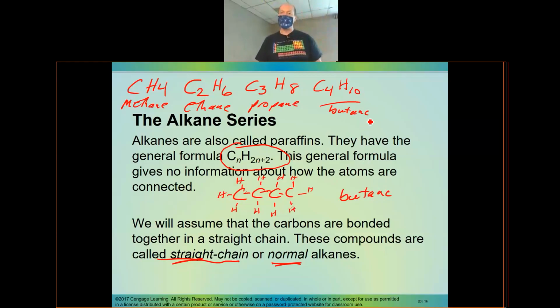Pent is 5. And so C5H12 is going to be pentane. So your C5H12, that in a straight chain is a pentane. And then 6, C6H14, that is your hexane.